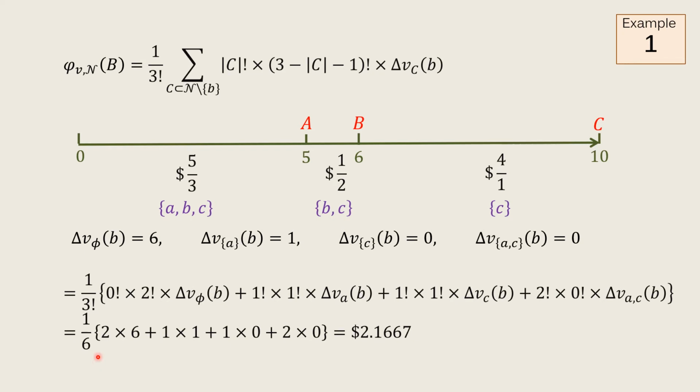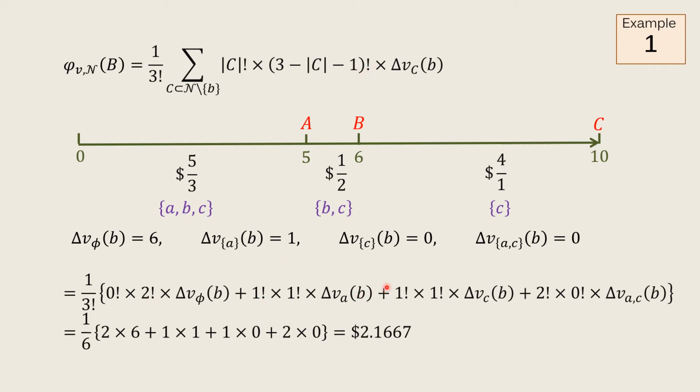So let's consider the null coalition that corresponds to the first term. This is the marginal contribution to the null coalition. And so this is 0 factorial and this is 2 factorial.